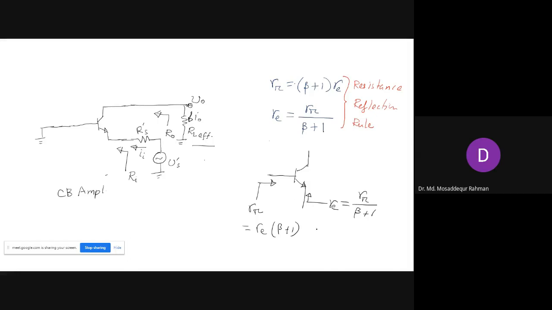If you know the resistance at the emitter, you take that resistance and multiply by beta plus 1 to get the resistance looking into the base. And if you don't know the resistance looking from the emitter side, you take the resistance at the base side, divide by beta plus 1, and you get the resistance looking into the emitter. It's an easy to remember and very useful relation.